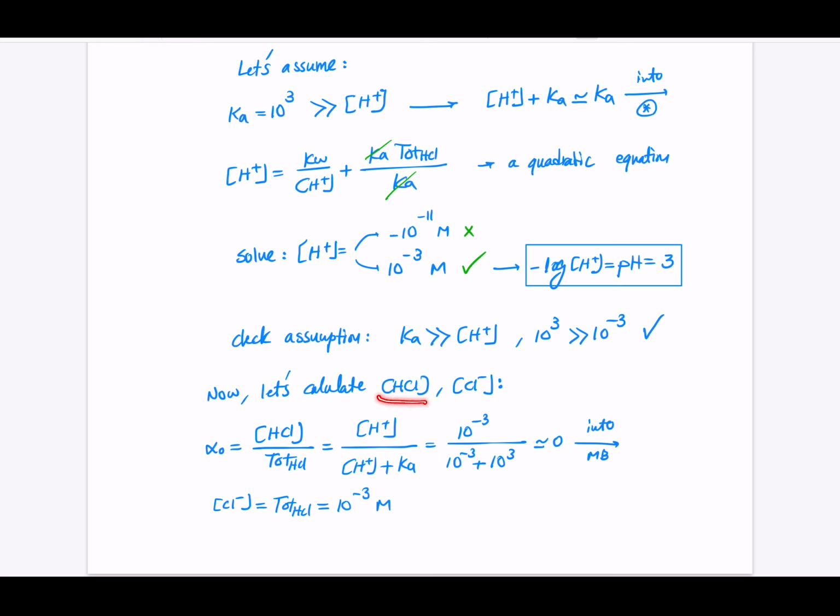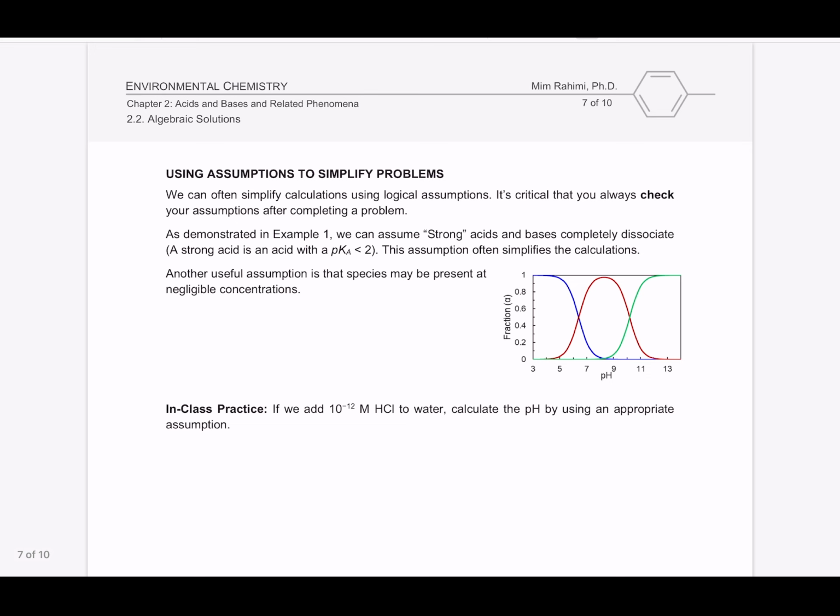So as you saw, you added 10 to the minus 3 in that pipette to the system, but when it's introduced to the water system, the concentration of this guy would be almost 0. So that would be one assumption, but we could have some other logical assumptions to eventually simplify the equations.